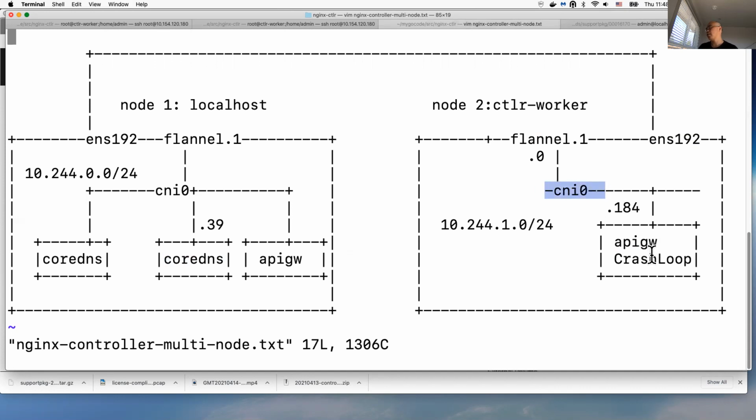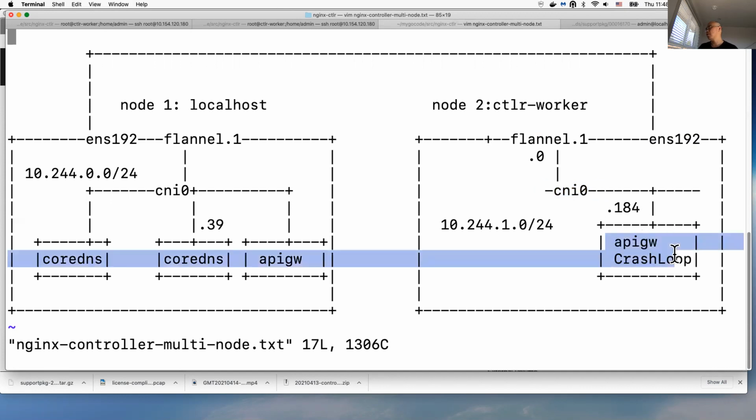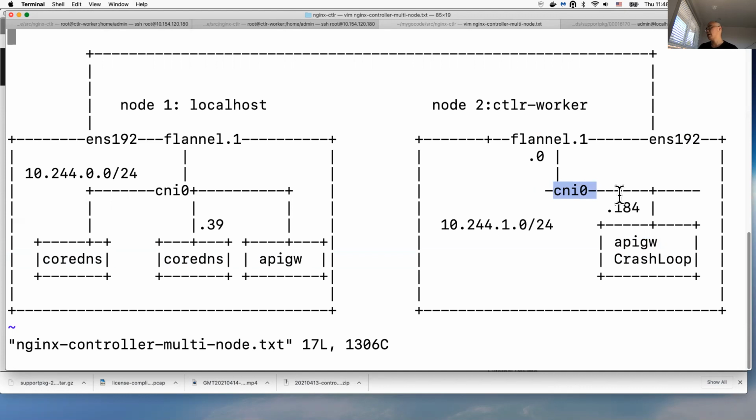So any packet egress from the pod through this bridge will still not be encapsulated. It's still the original pod traffic.